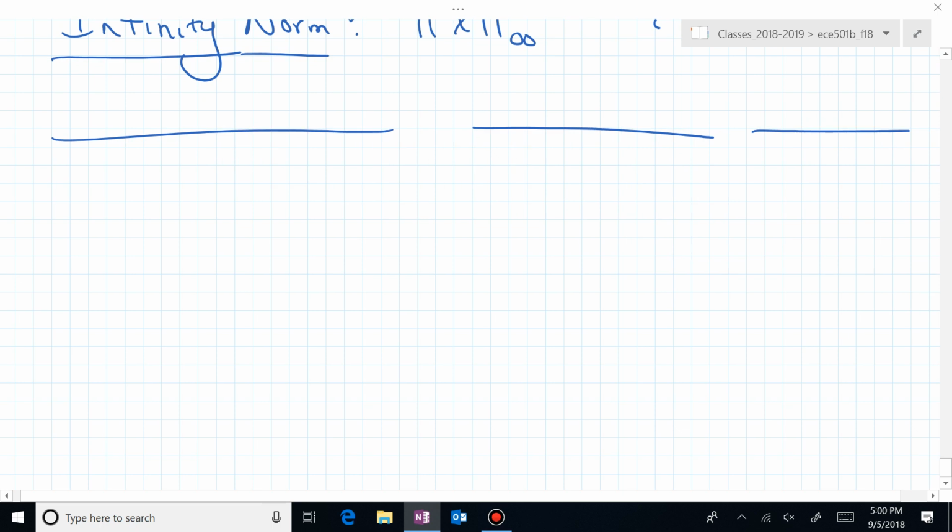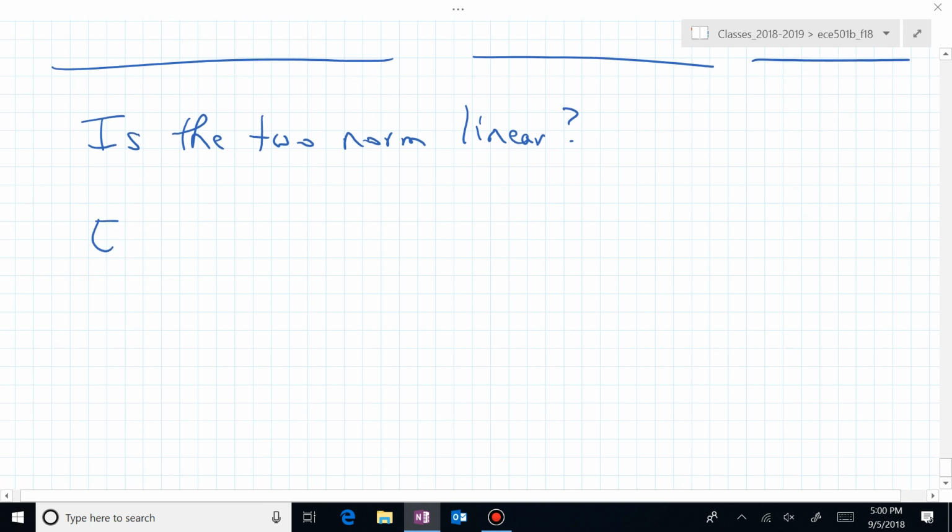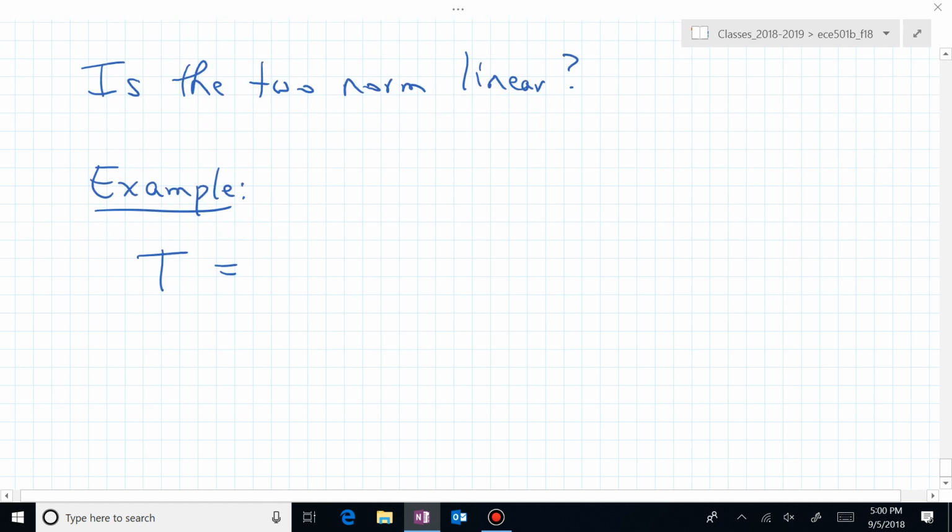All right. Is the 2 norm linear? Well, let's use our process or notation. T now is really corresponding to the map that takes a vector x and generates this 2 norm.